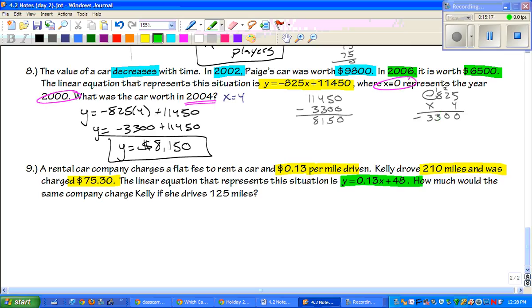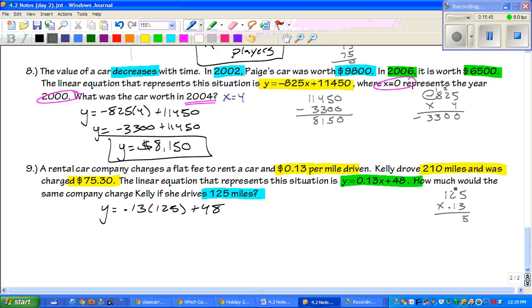How much would the same company charge Kelly if she drove 125 miles? So what we have to do is plug in 125 for x, and then we're going to get our grand total. So off to the side, 125 times 0.13.